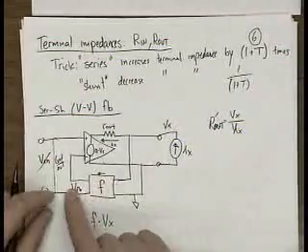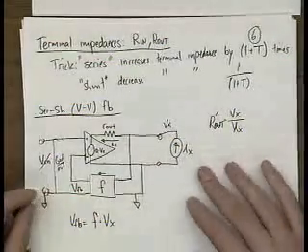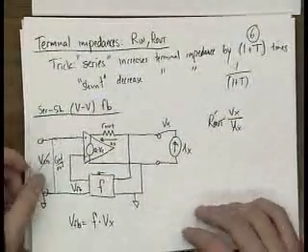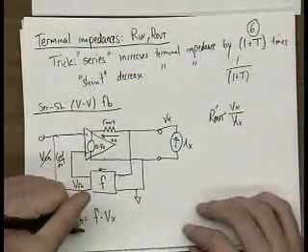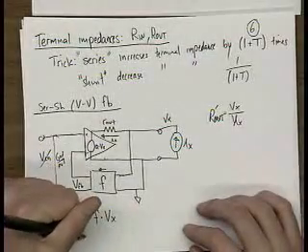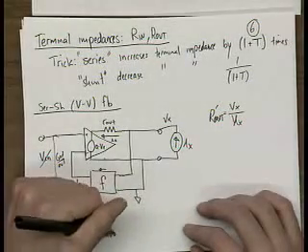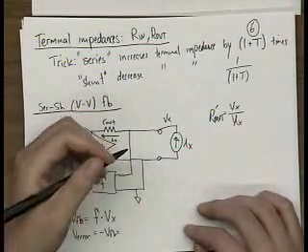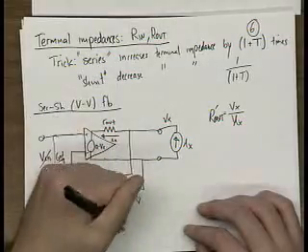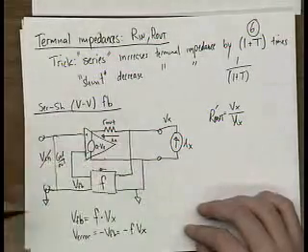Vx goes through this network, VFB, okay? And so therefore, V error is equal to minus VFB, which is equal to minus F times Vx.